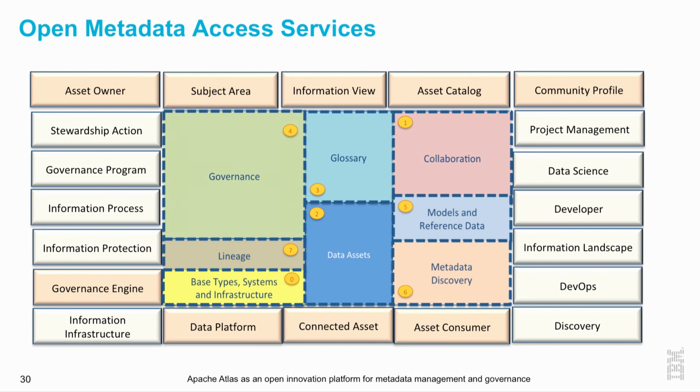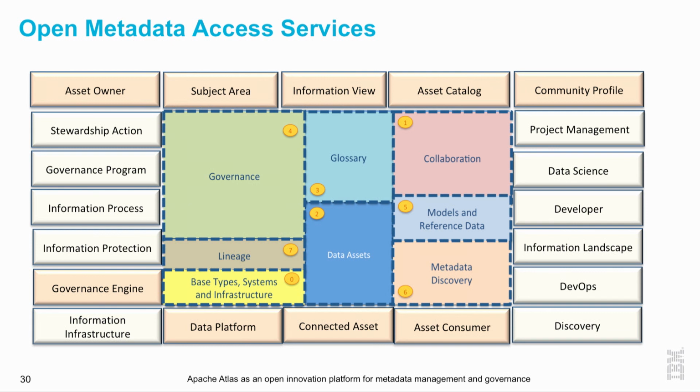This provides interfaces to a tool that is basically accessing data and consuming it. The data platform interface is used to allow a data platform to provide lineage information and information about new data sets. Governance engine is used to control technology like Ranger in order to basically set up rules.